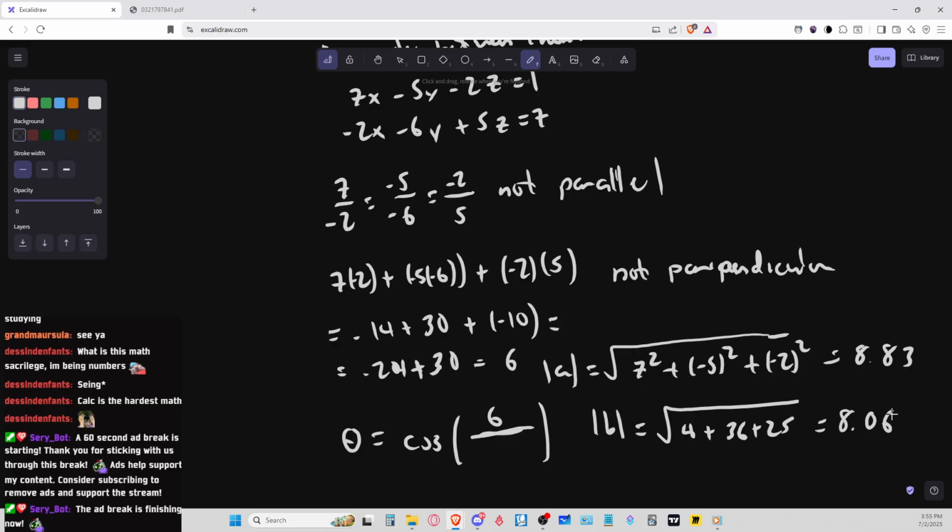Okay, so then we got to take the cosine inverse, then multiply this times this, which gives us 85.2 degrees.